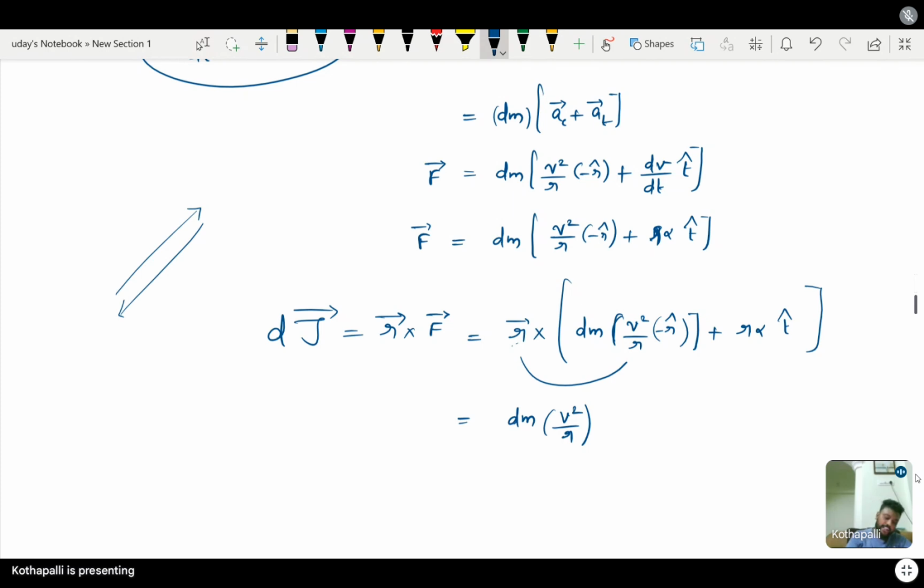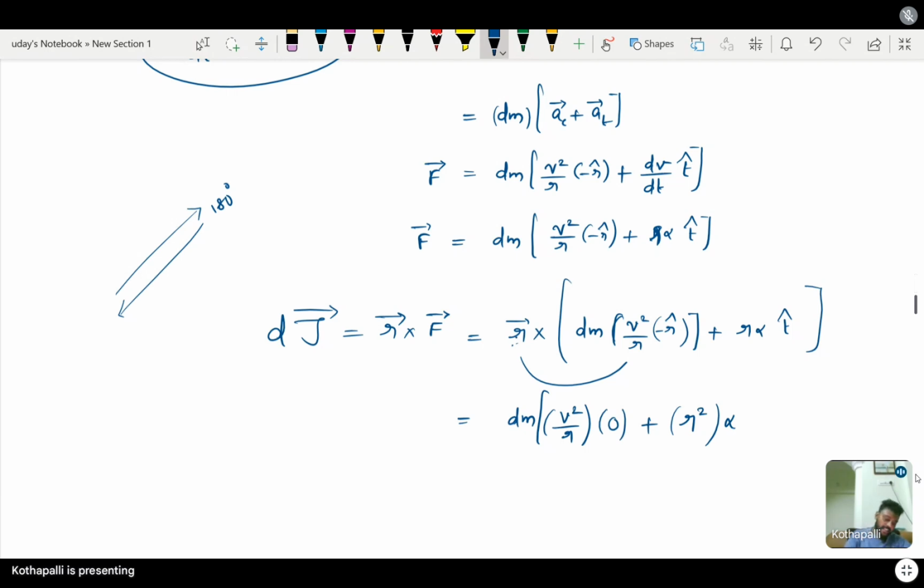What is the angle between these two vectors? 180 degrees. What will be sine 180? So it will be 0. Understand or not? Plus r vector into r vector, magnitude is r square into alpha as such.